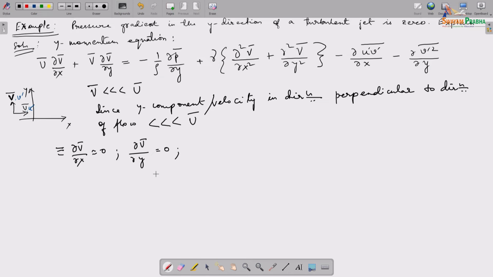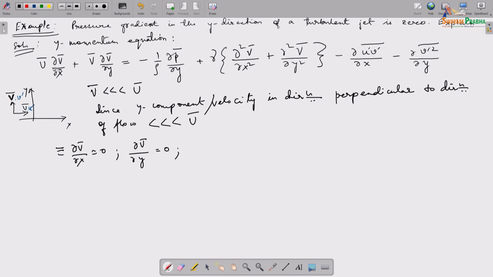So I am writing this y. Why am I writing this? I am writing this because these are terms in the y momentum equation, and I am just using this from the definition, right.